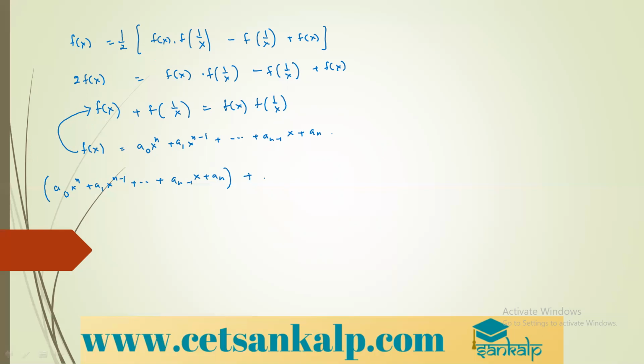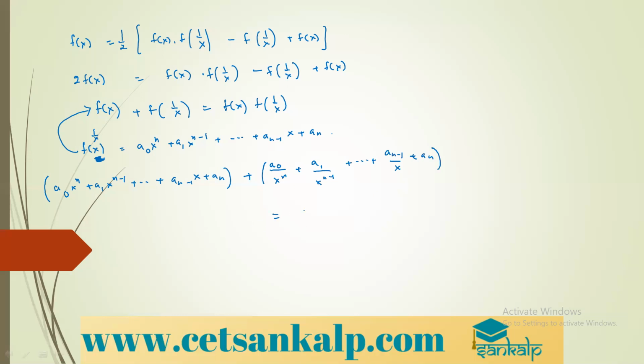And then plus f of 1 by x. What will be f of 1 by x? Here in this f of x only, if I put 1 by x, I will have a naught by x power n plus a1 by x power n minus 1, and so on, plus a n minus 1 by x plus a n.